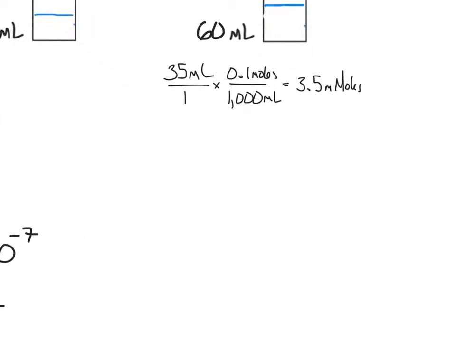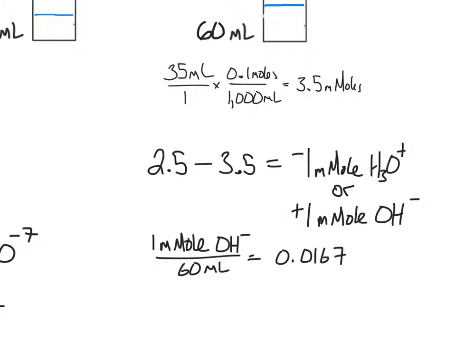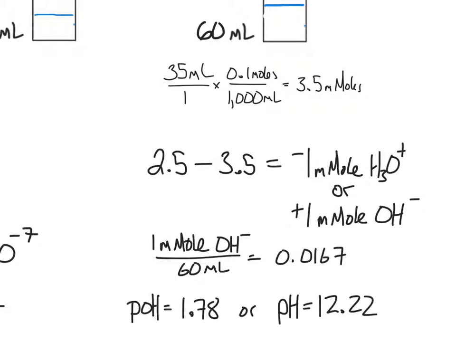We originally had 2.5 millimoles of hydronium. We've added 3.5 of hydroxide. Therefore, we have an extra 1 millimole of hydroxide remaining. This 1 millimole of hydroxide is in 60 milliliters. You can calculate the pOH, which is 1.76, or the pH is 12.22.